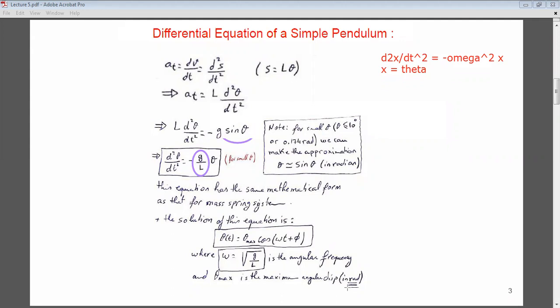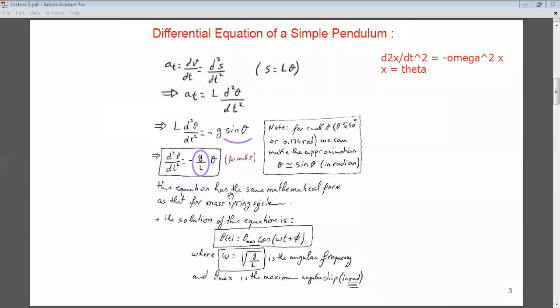In this chapter, make everything be in radian. Even if they give you an angle in degrees, change it to radian. So we have the differential equation. We solve it. We get that theta of t is equal to theta maximum cosine omega t plus phi, where omega, the angular frequency, is the square root of g over L.